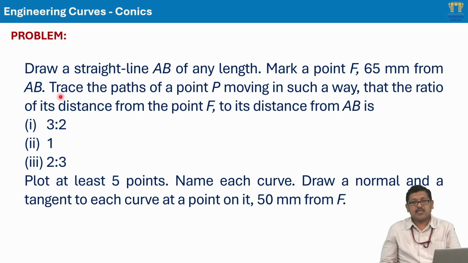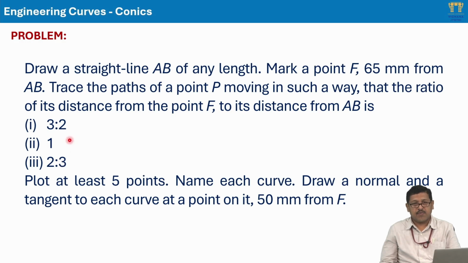Then what is asked? Trace the path of a point P moving in such a way that the ratio of its distance from the fixed point F to its distance from AB is, we have been given three cases, 3/2, 1 and 2/3. What this means is we have been provided the eccentricity explicitly. It is mentioned that the ratio of its distance from the fixed point to the directrix is given as 3/2, 1 or 2/3.